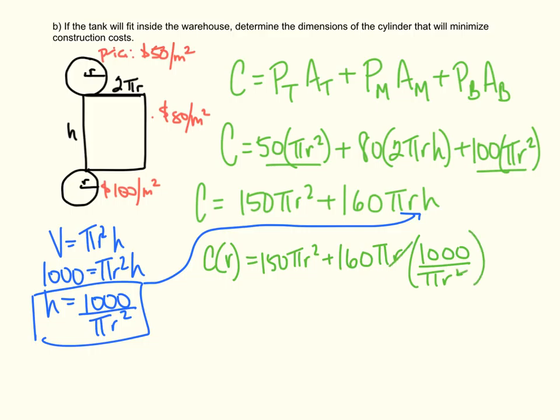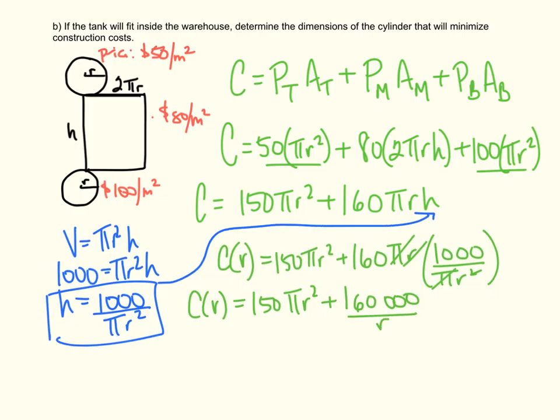This r is going to cancel out with that, and the pi's will also cancel out, and so we get 150 pi r squared plus 160,000 divided by r. In this situation, to avoid using the quotient rule, we can just rewrite our C of r like this.